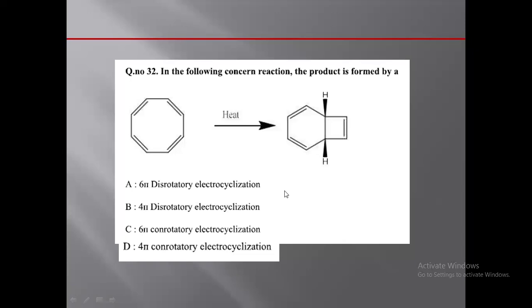So for thermal condition we can write the disrotatory electrocyclization. So option B is correct. D option is wrong. Why is D option wrong? See here, 4 pi electron thermal condition, we cannot write the conrotatory electrocyclization.